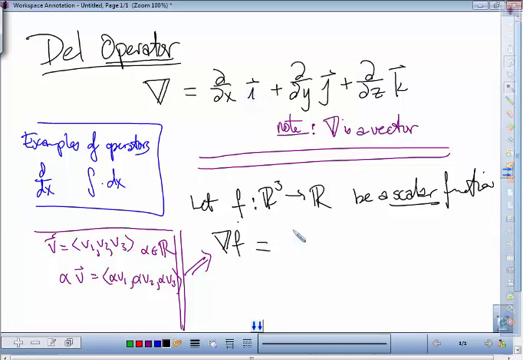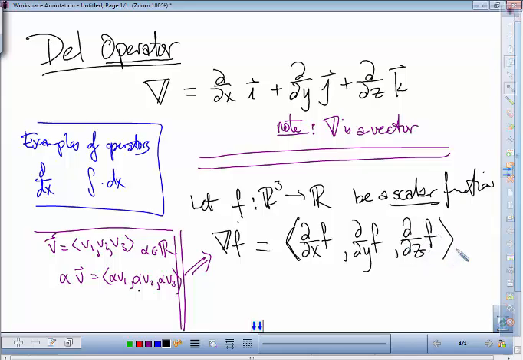So I'm going to change my notation and use the angle brackets. My partial with respect to x, that's my first component of the del operator, gets scaled by f, or this is like df dx. My second component, partial with respect to y, also gets multiplied just like the scalar multiplication, and the partial with respect to z gets multiplied.